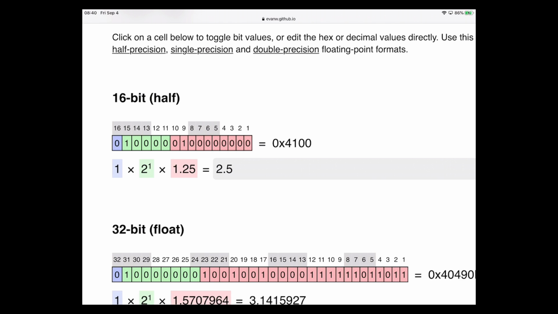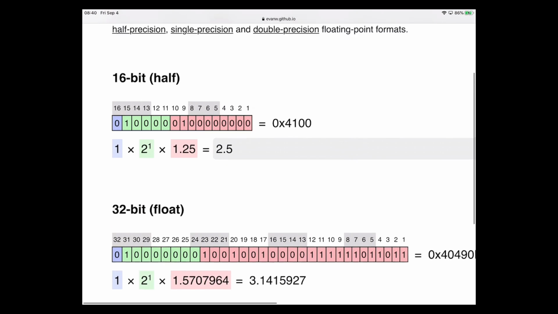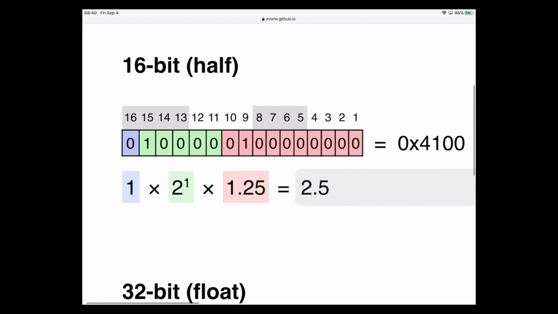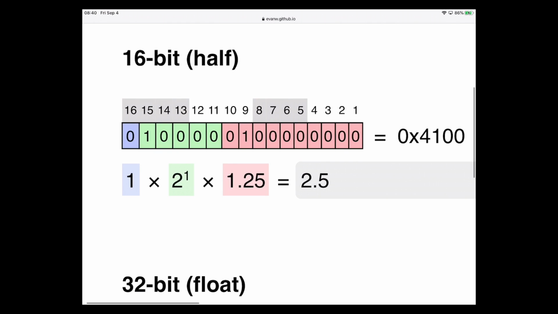So if I were to encode the number 2.5, let's look at this encoding here. The Mantissa looks basically like we had before. It's just got some extra zeros at the end. And if the number 1 was our true exponent, to which we add a bias of 15, what does this look like to you?